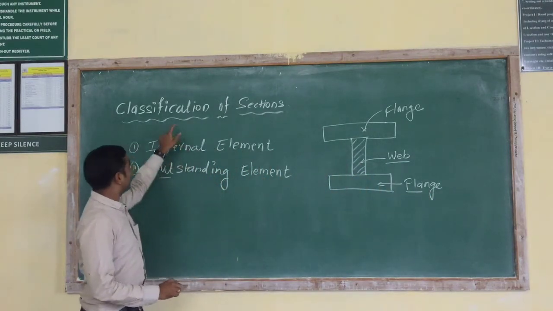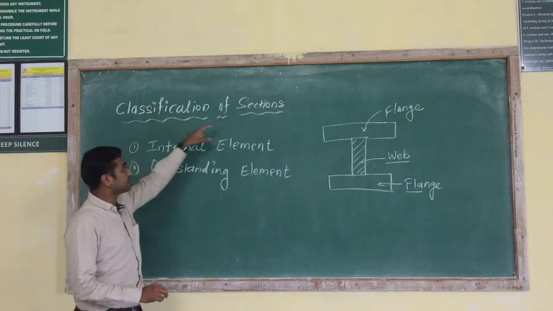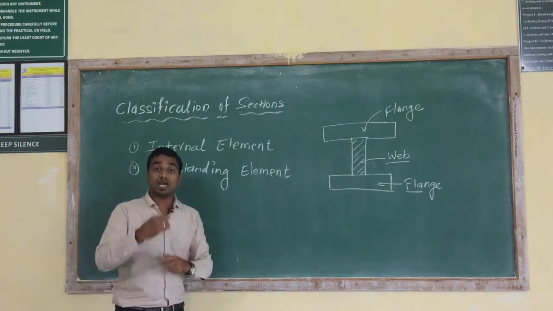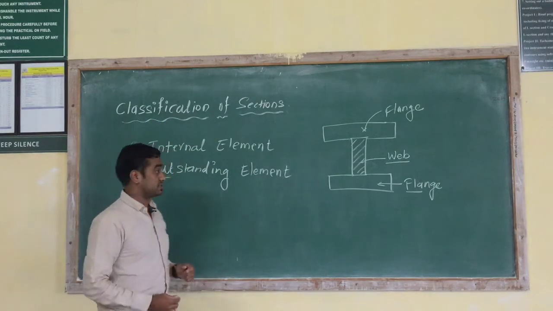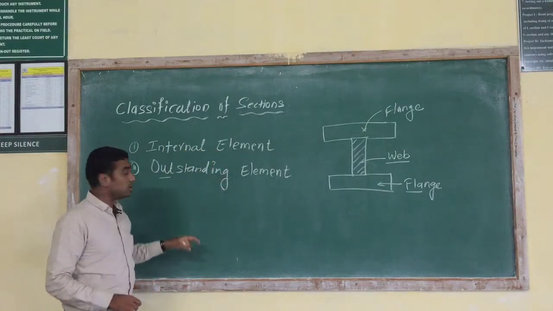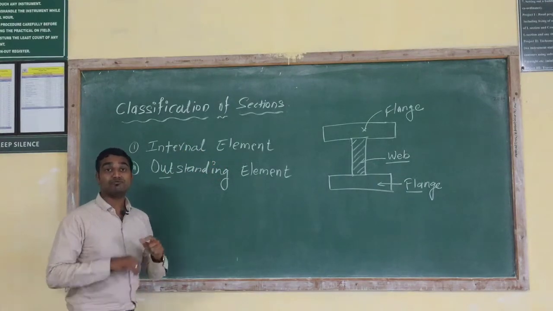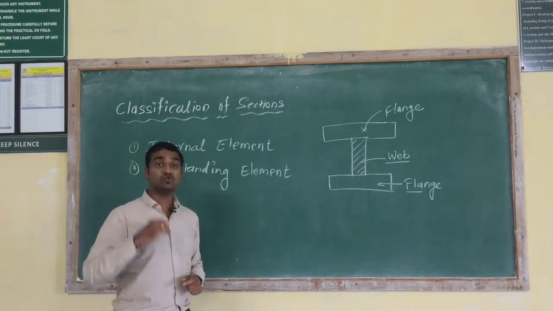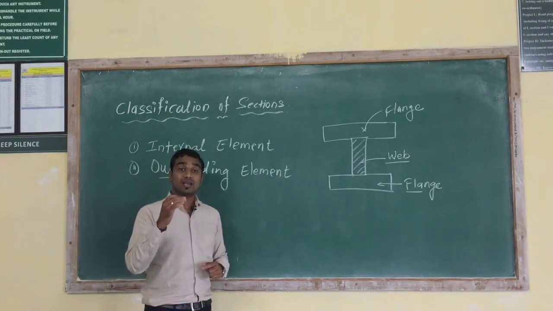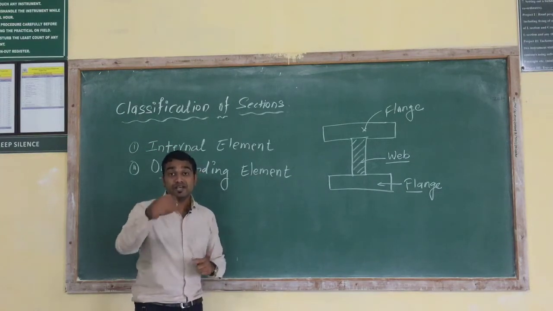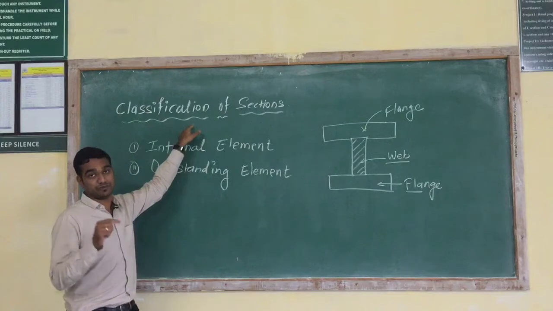Now in this heading, that is classification of section, we have to classify the two elements, the internal element and the outstanding element, and by classification of these two elements we will decide the class of the whole section.